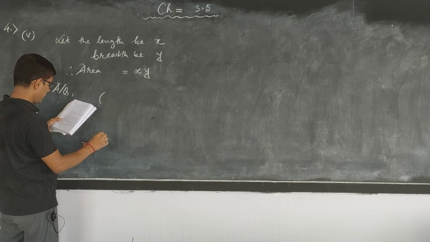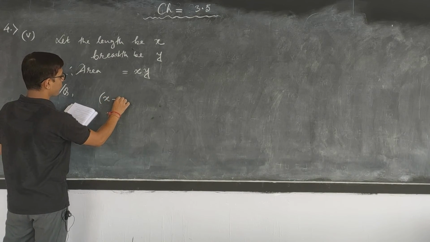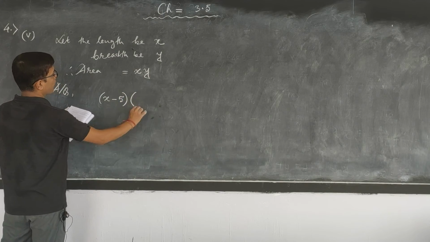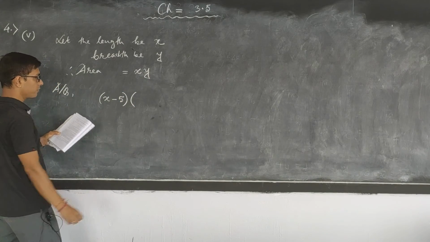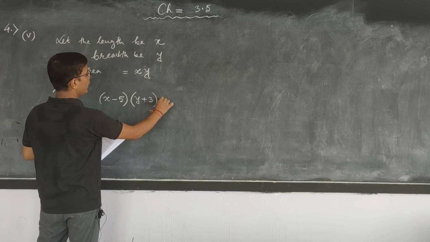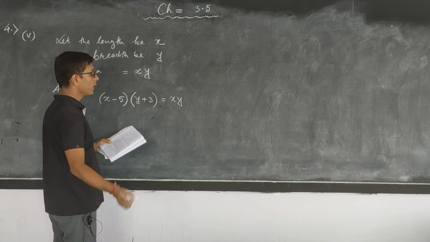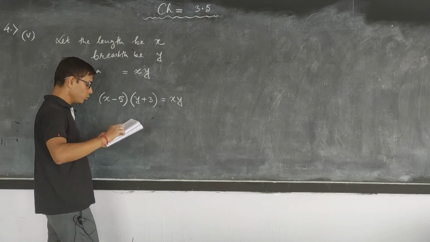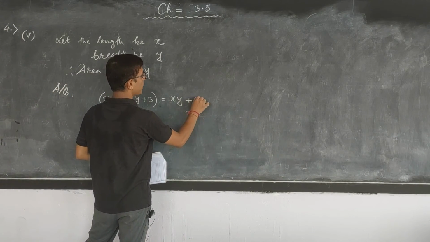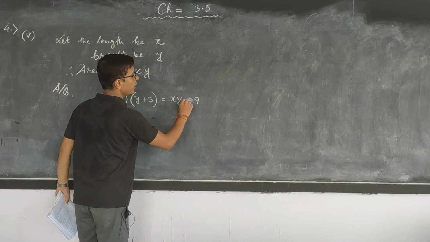Length is reduced by 5 units, x is reduced by 5 units, x minus 5, and breadth is increased by 3 units, breadth is y, so y is increased by 3 units. Then in the previous area, that was xy, the area is reduced by 9 square units, the area is reduced.